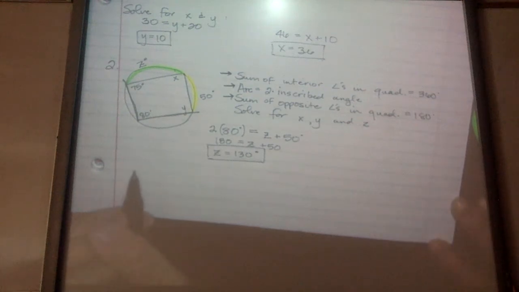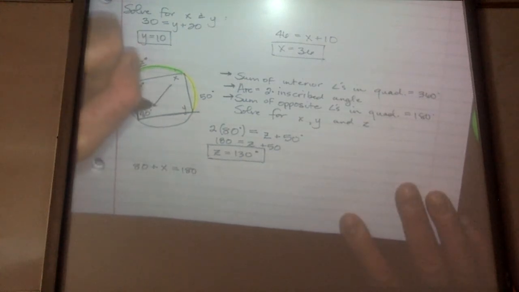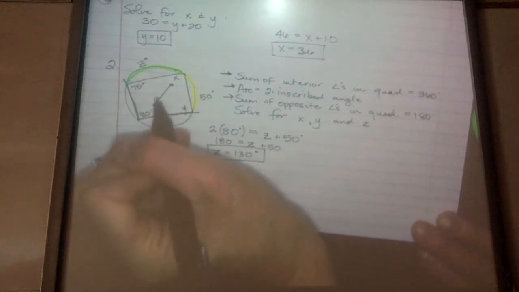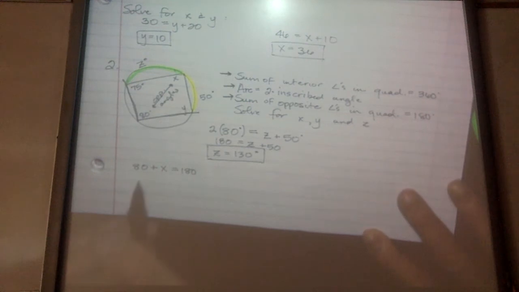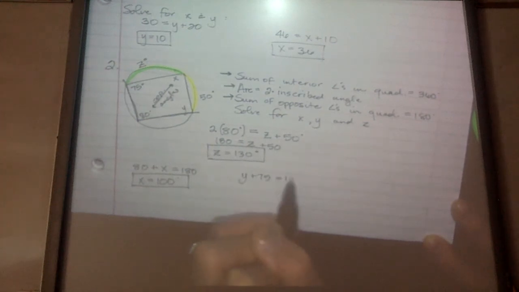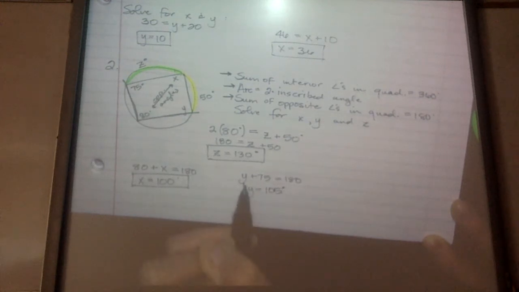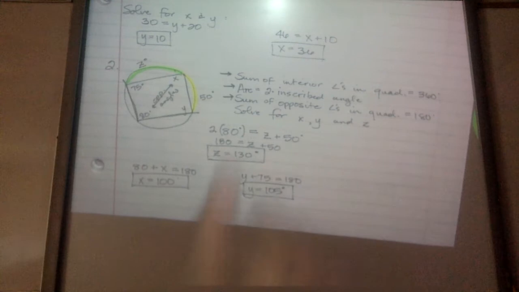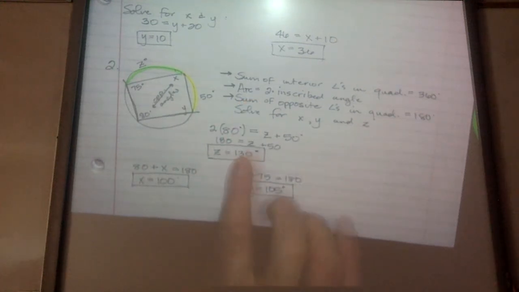So 80 plus X must equal 180 degrees because these are opposite angles. That means X would be 100, and Y plus 75 equals 180, so Y would equal 105 degrees.